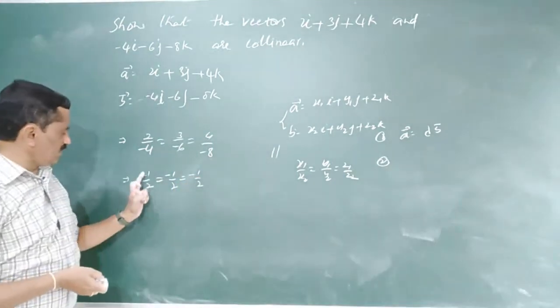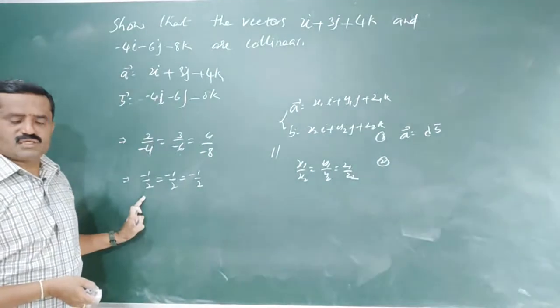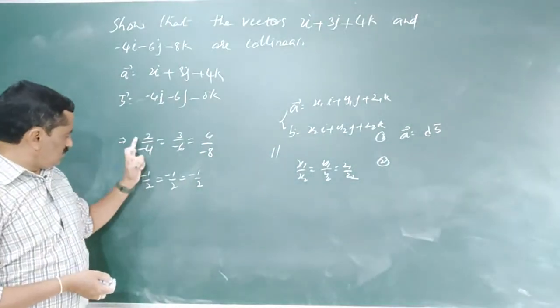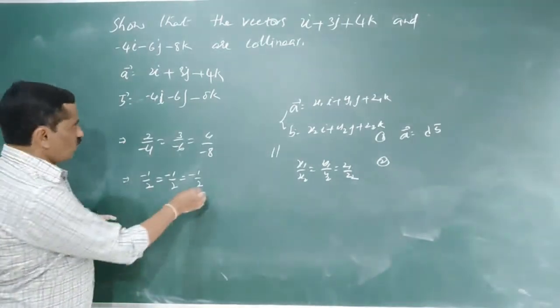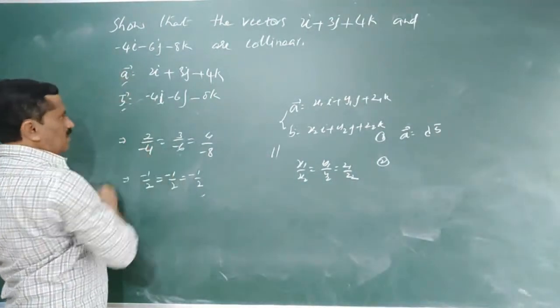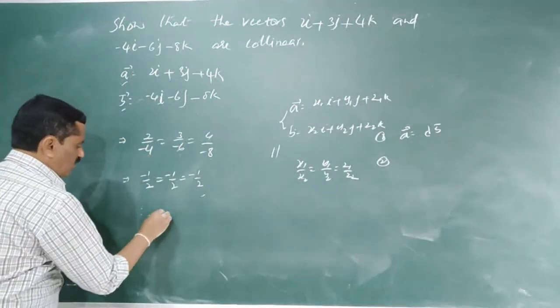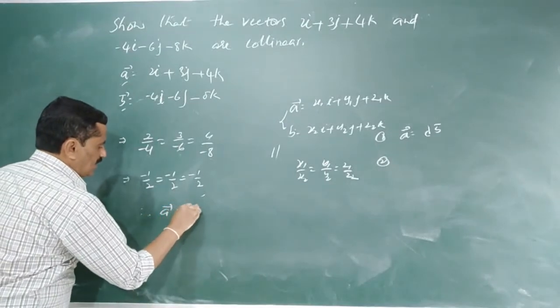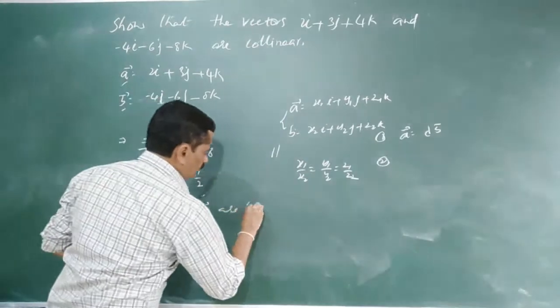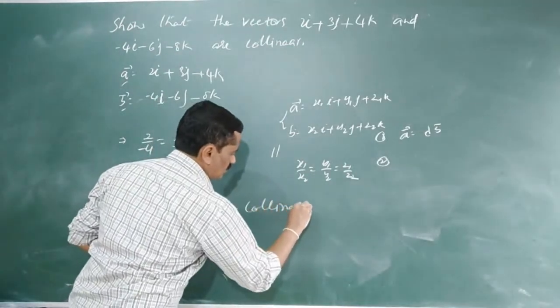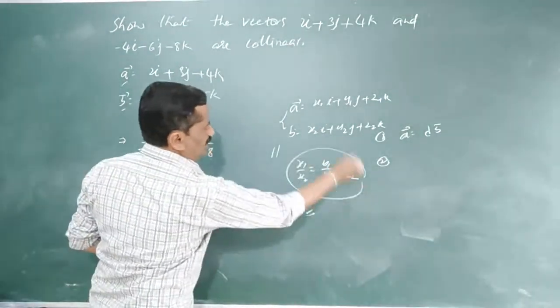Therefore the corresponding scalar components are proportional to each other. Okay, therefore A bar and B bar are collinear. Just remember this condition.